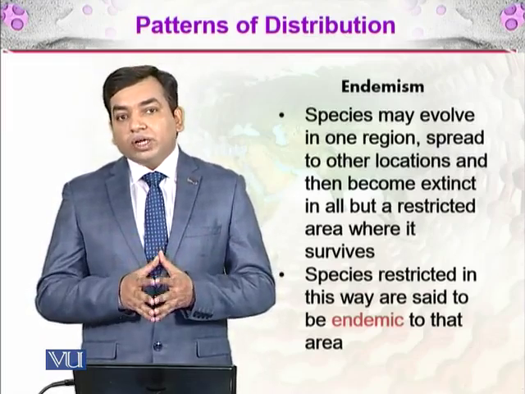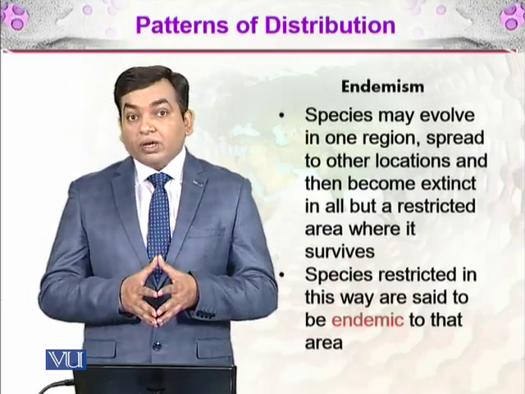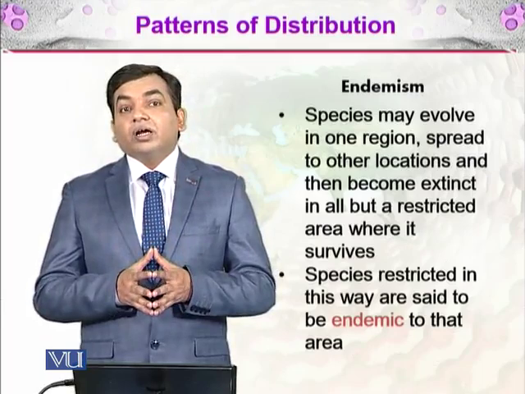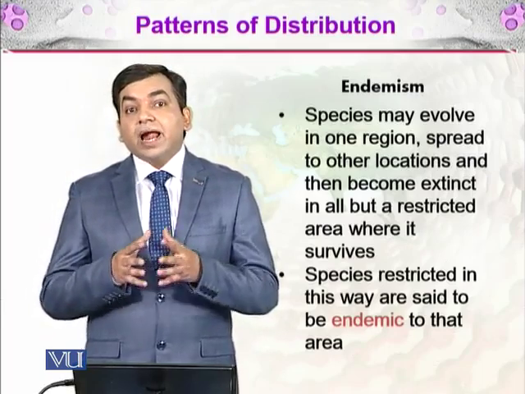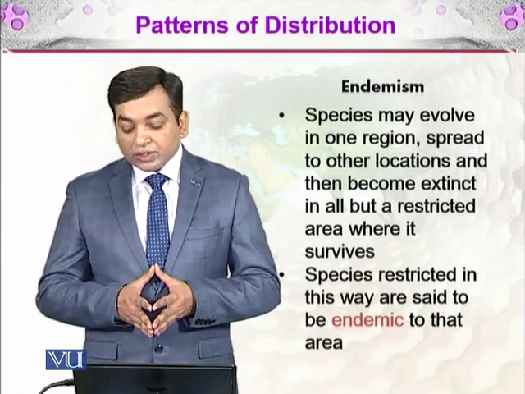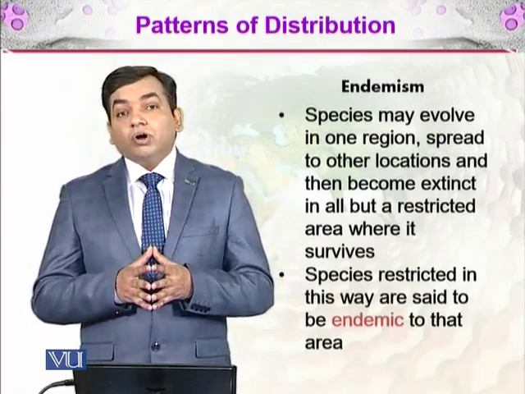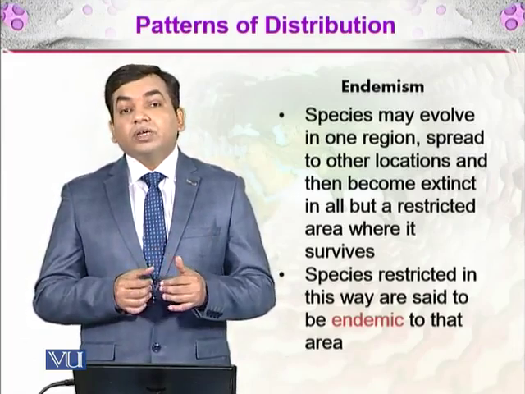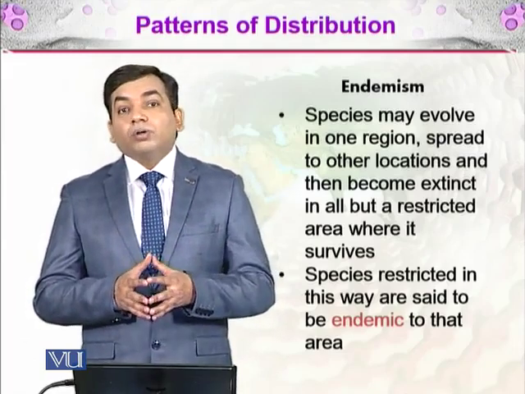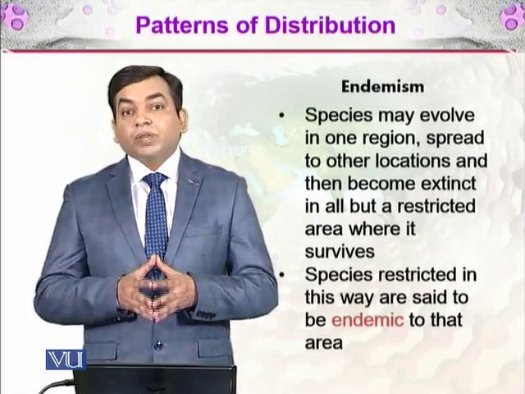There are still particular areas where that species survives, and that species is endemic to that area. Species restricted in this way are said to be endemic to that area. An example of such endemism is the kangaroos or numerous species in Australia. We will be discussing more about it.